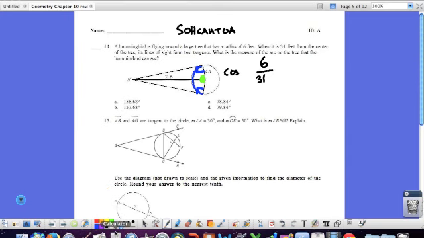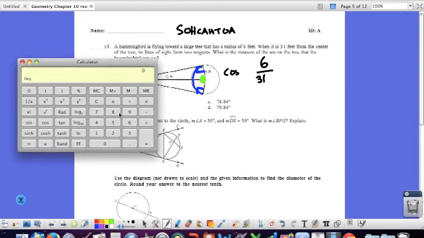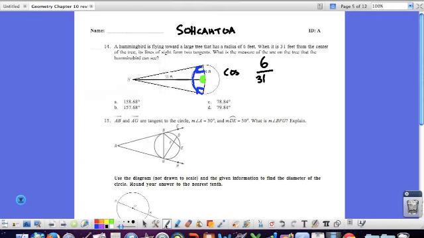I'm going to use this calculator because it has the ability to do inverse functions. So 6 divided by 31 is that number. And since I'm dealing with cosine, I want the second function, inverse cosine. So basically I have 78.84.